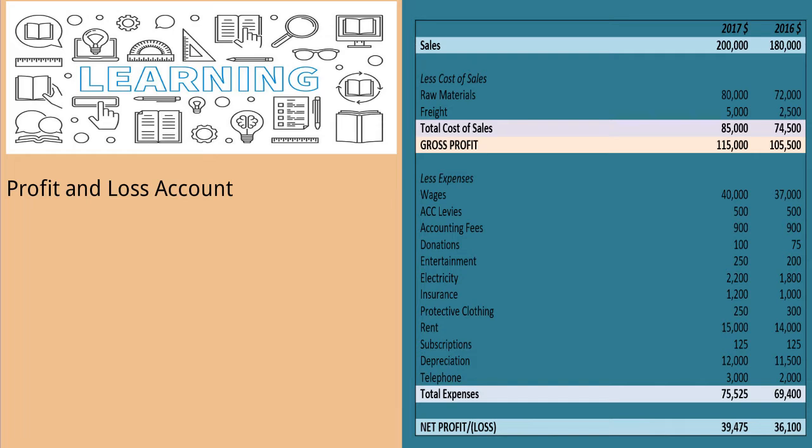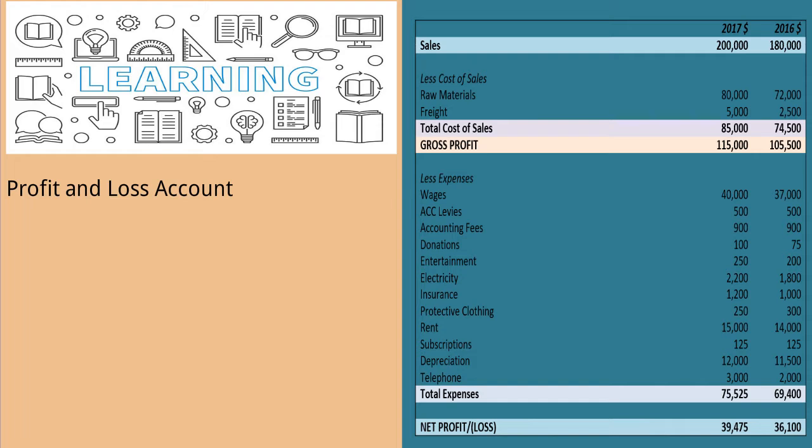The purpose of finding out the gross and net profit percentage margin is not only to find out from year to year if we're doing well or worse, but to find out how we are compared to the industry standards. So this is very, very important when we look at these ratios.